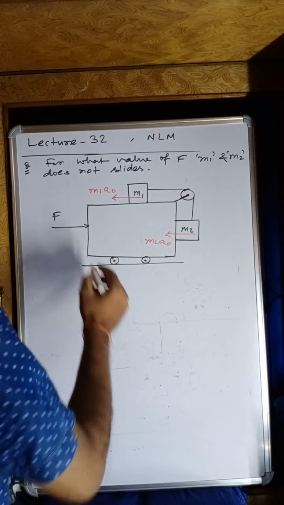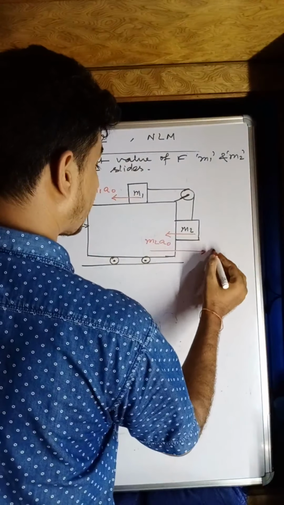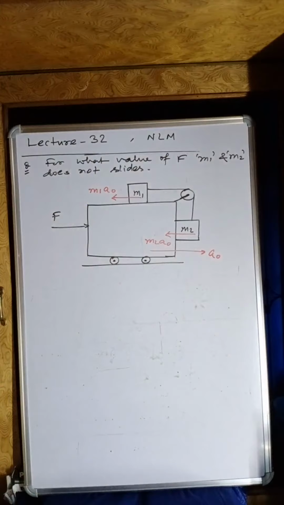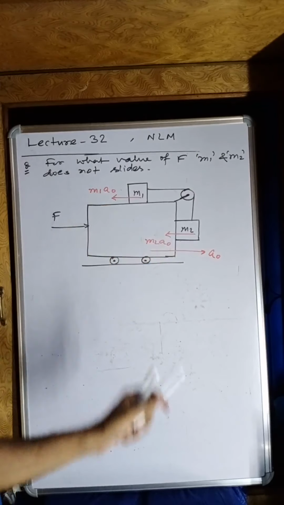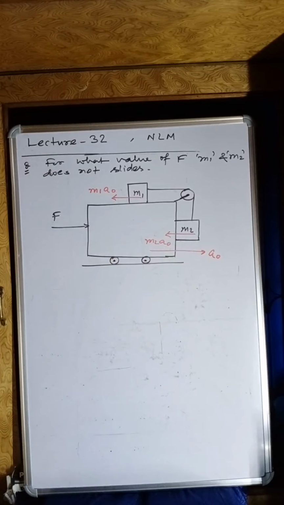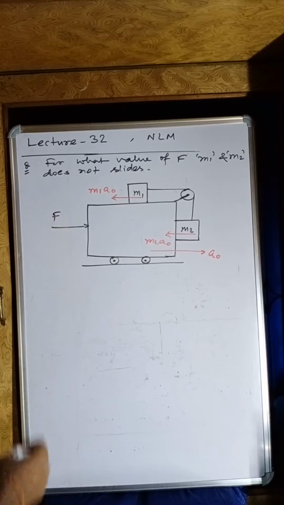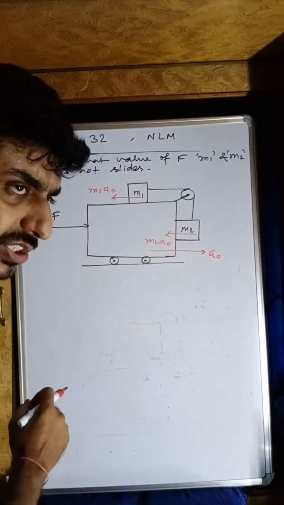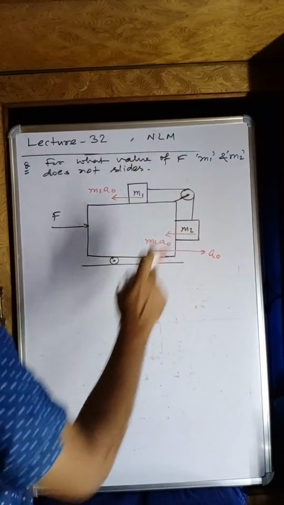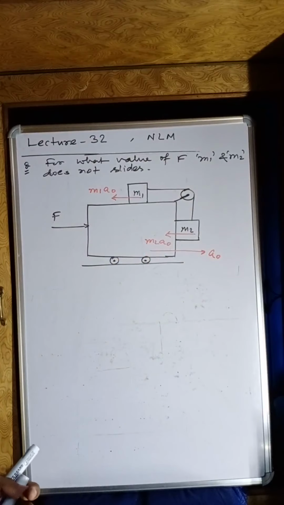My dear students, suppose due to the application of this force, this frame attains an acceleration a0. That is why we have given the pseudo force m a0 here. What should the force F be if these two are in a static state? So if these two are static, the combined system has a mass of how much? Oh, I have not given the mass here. For this trolley, the mass is given in the question.